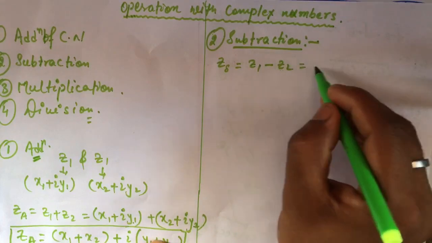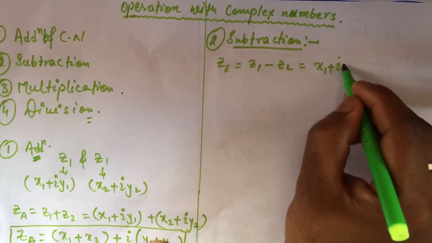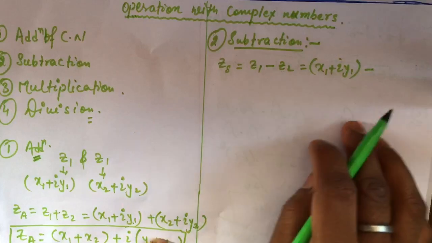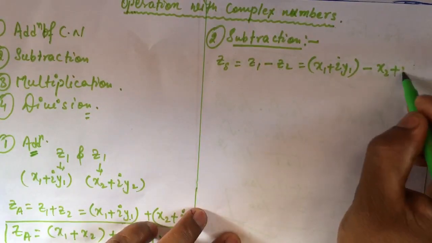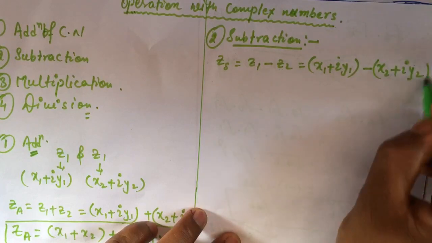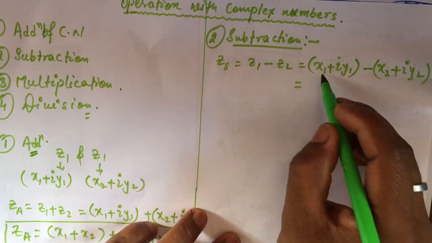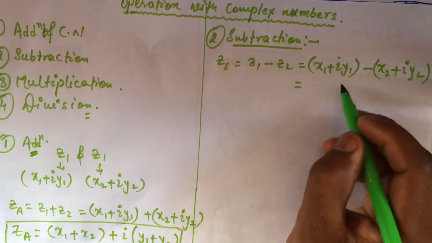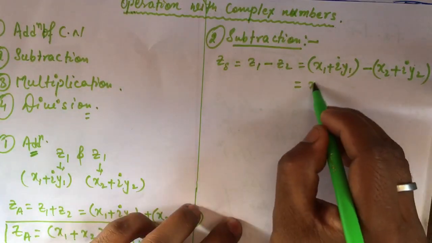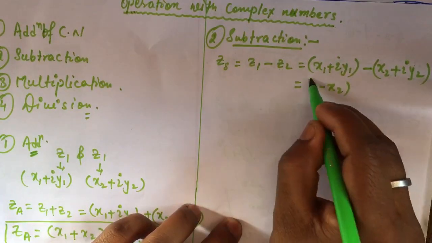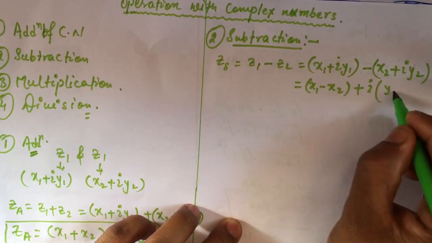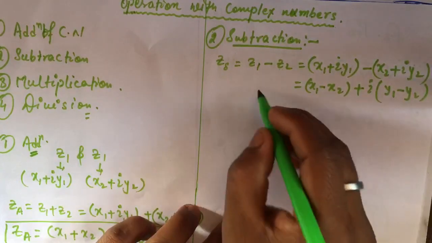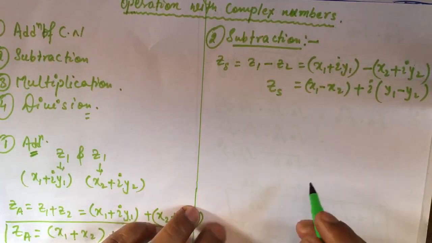So z1 minus z2 is x1 plus iy1 minus of x2 plus iy2. This is the subtraction format. Now we will do real part separately and imaginary part separately. So x1 minus x2 in brackets, plus iota common and y1 minus y2. This is the subtraction format.